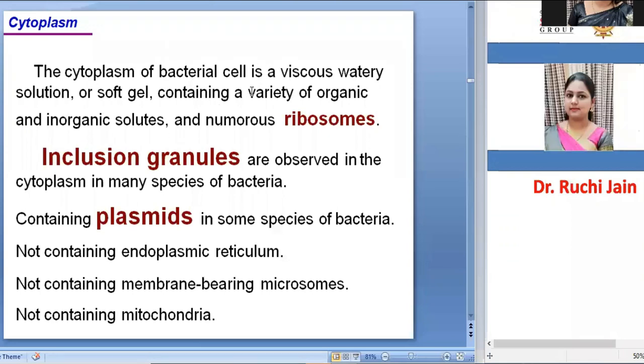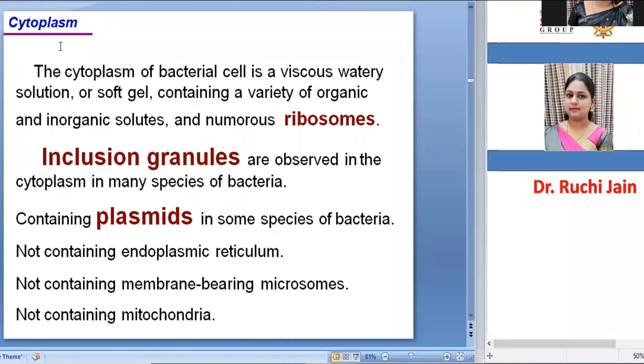It contains inclusion granules and plasmids also. It does not contain endoplasmic reticulum, membrane bearing microsomes, and mitochondria. All these things are absent in bacteria.